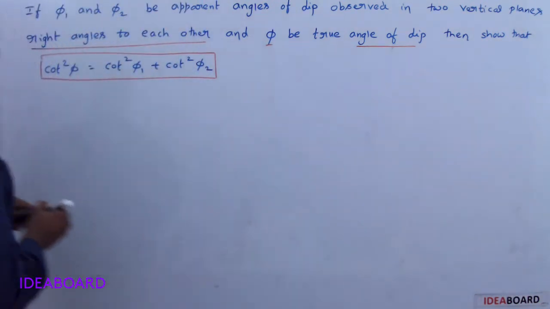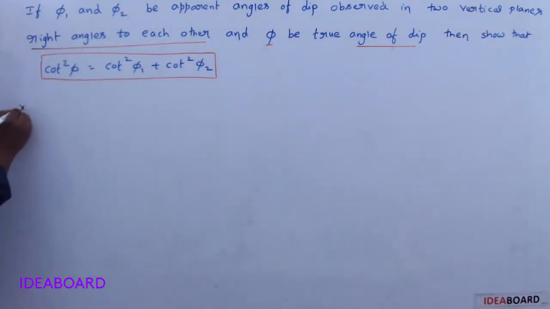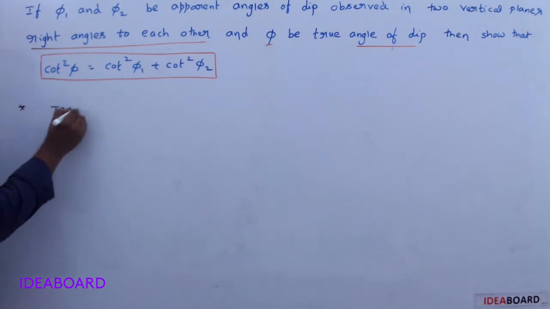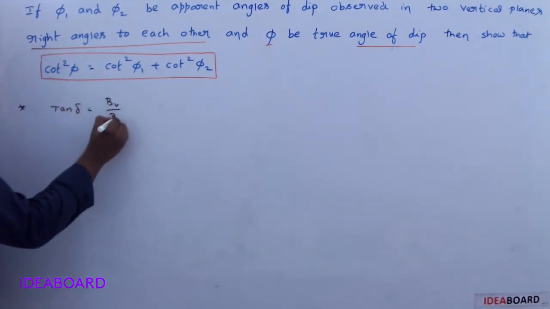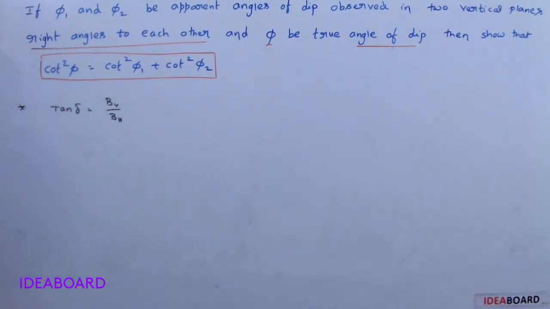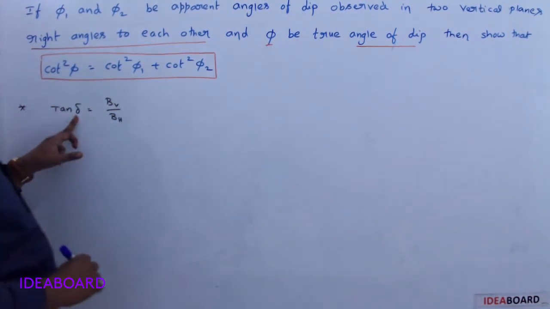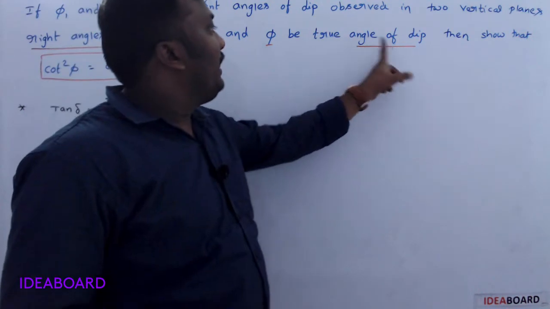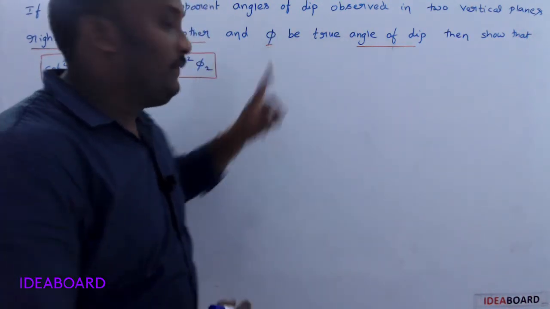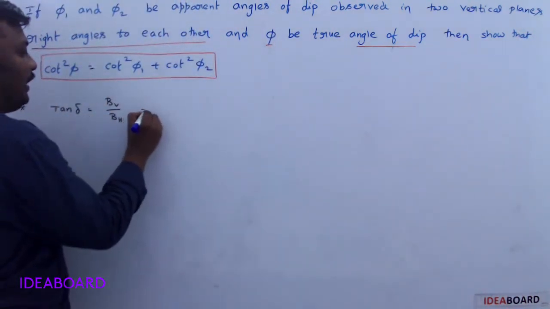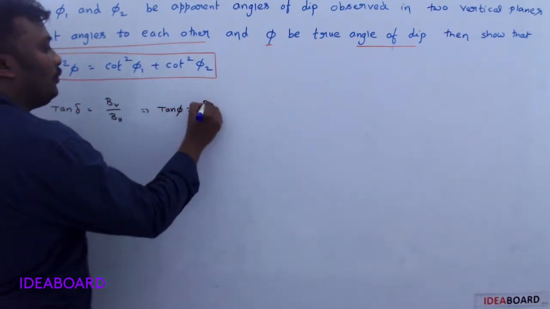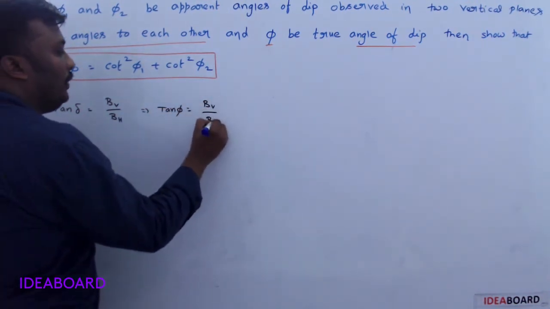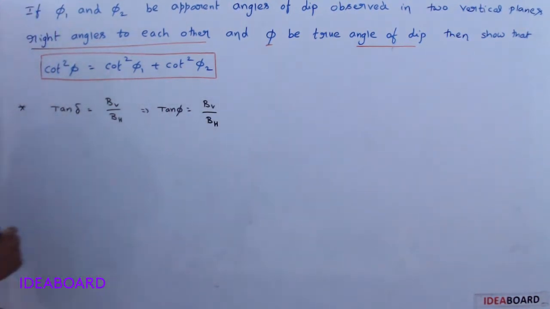We know the relation tan delta is BV by BH. Here delta is the angle of dip. The true angle of dip is given as phi, so I write tan phi is equal to BV by BH.